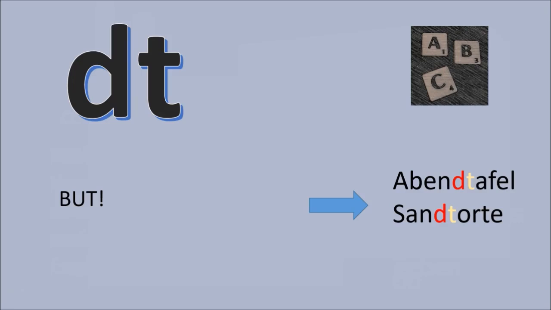It consists of two words where the first one ends in a D and the second one just happens to start with a T. In that case, they do get pronounced separately. Abendtafel, Sandtorte. So it's not the DT sound, it just happens to be put together.